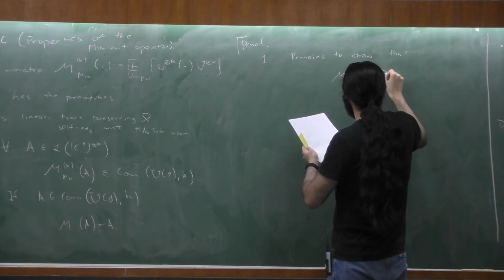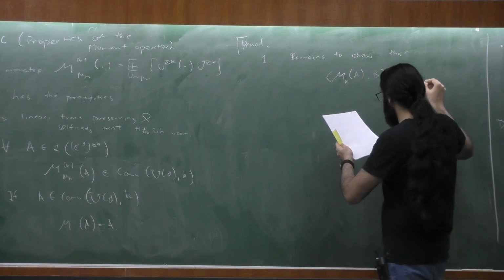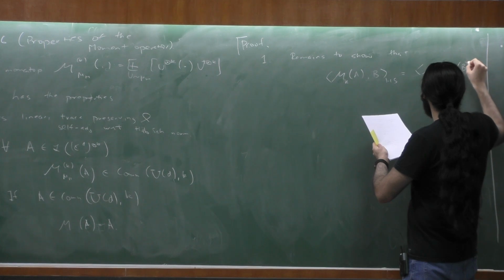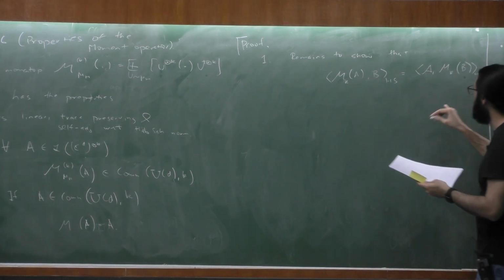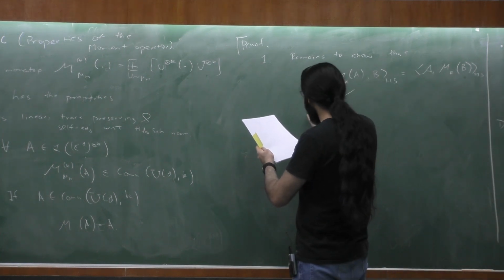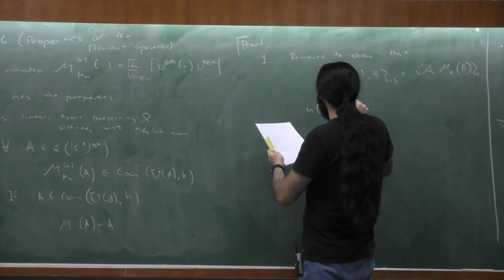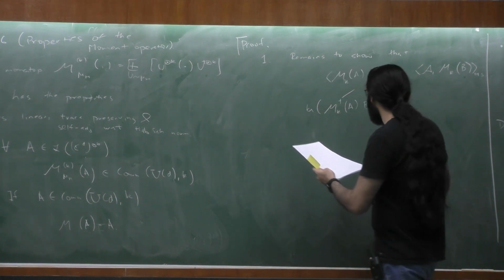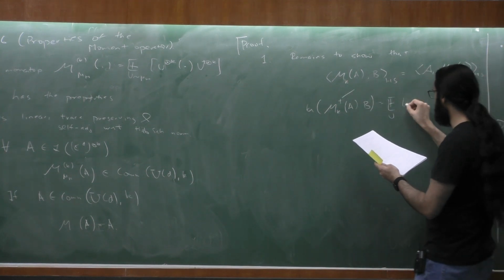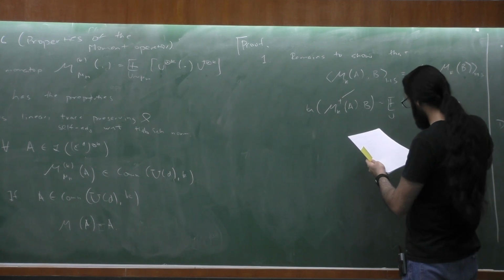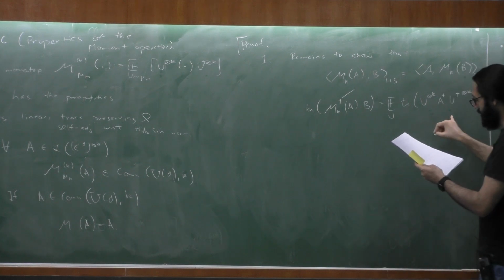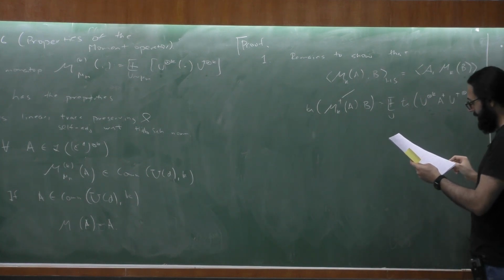We want to show that the Hilbert-Schmidt inner product with all B's and all A's is the following, so that it's self-adjoint. One can write this quantity as the inner product of M_K dagger A with B, and then one can expand it. The expectation over U is always sampled from the Haar distribution. We just apply the definition: you take U dagger, conjugate with U^K dagger.